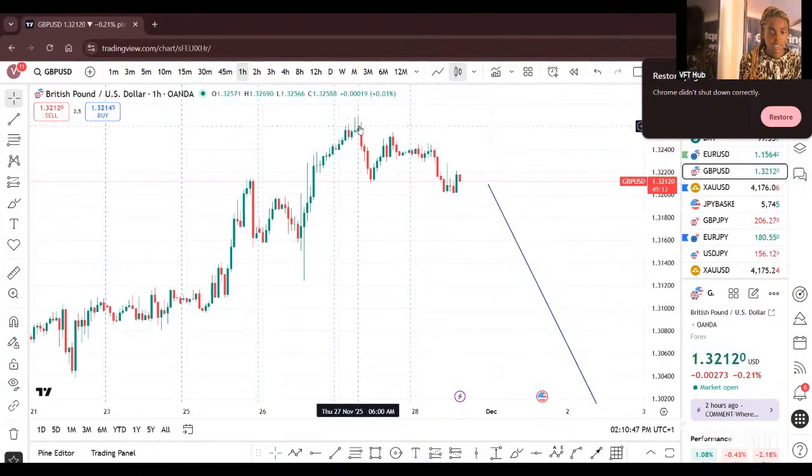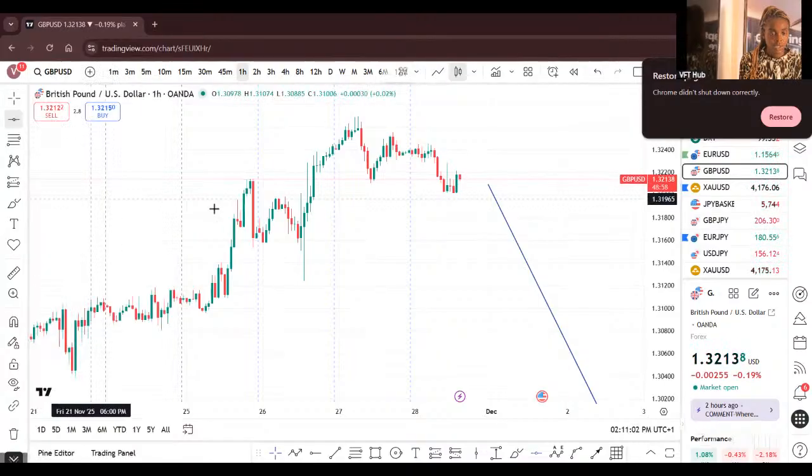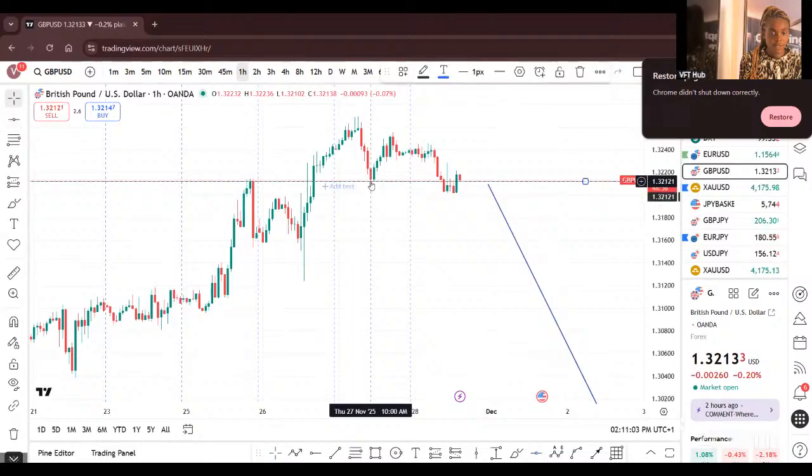Although this high wasn't taken out, we just saw price from a lower high right here, and then we saw a break of this low right here, indicating that price has aligned with what we're seeing on the much higher time frames.